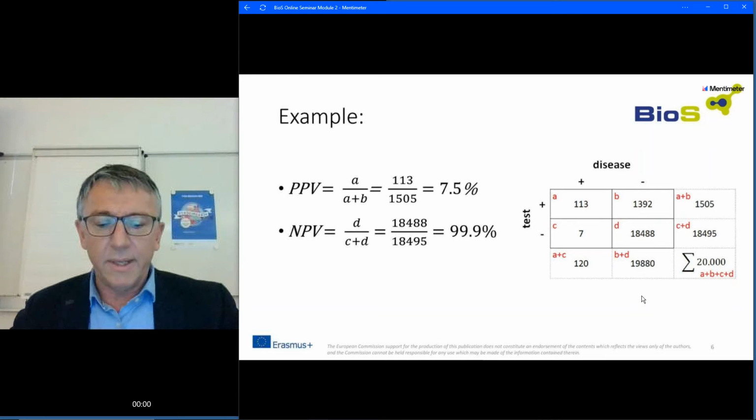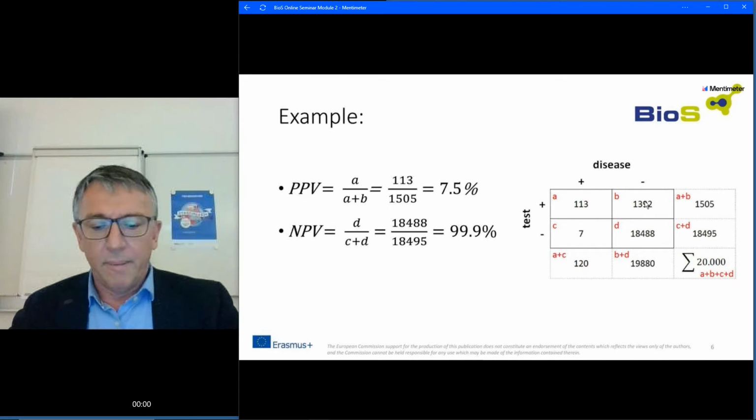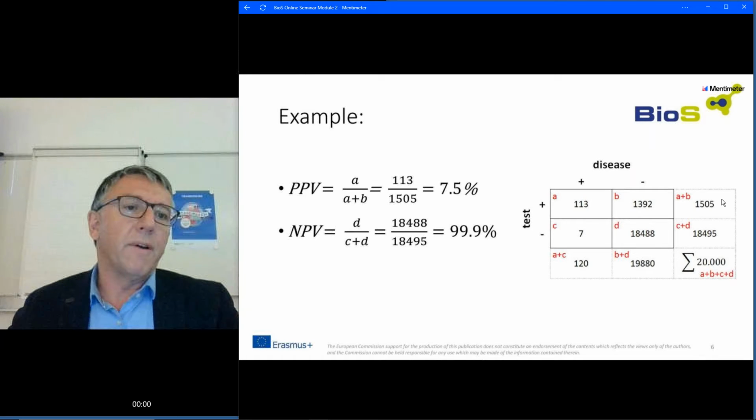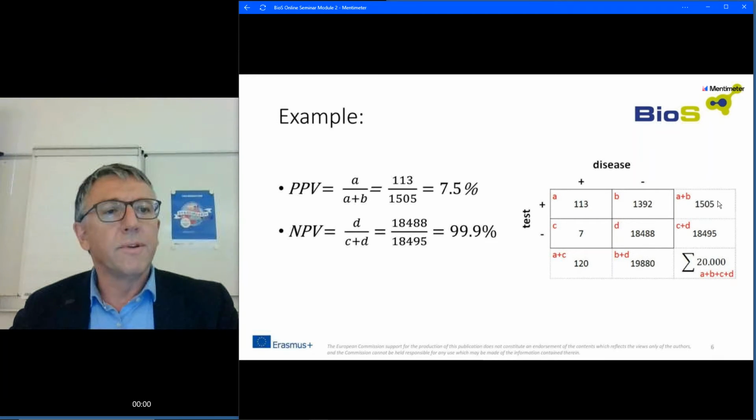The false discovery rate is the ratio of those that are being tested positive but don't actually have the disease. So this would be the 1,392 out of all of those that are being tested positive, this would be 1,500.